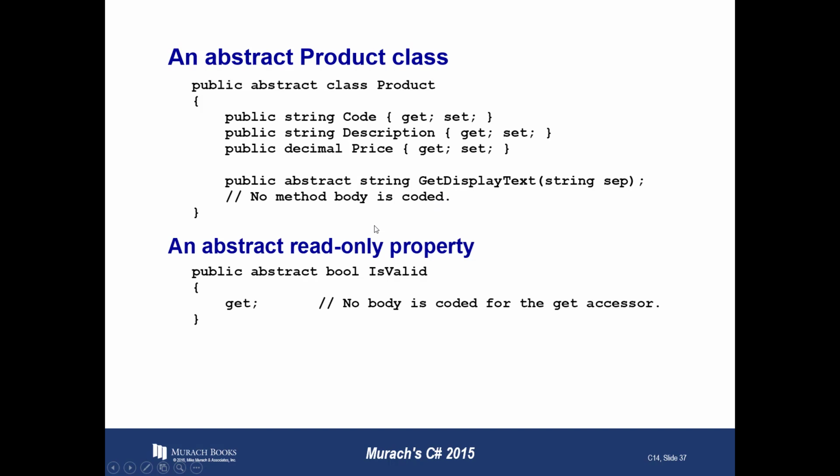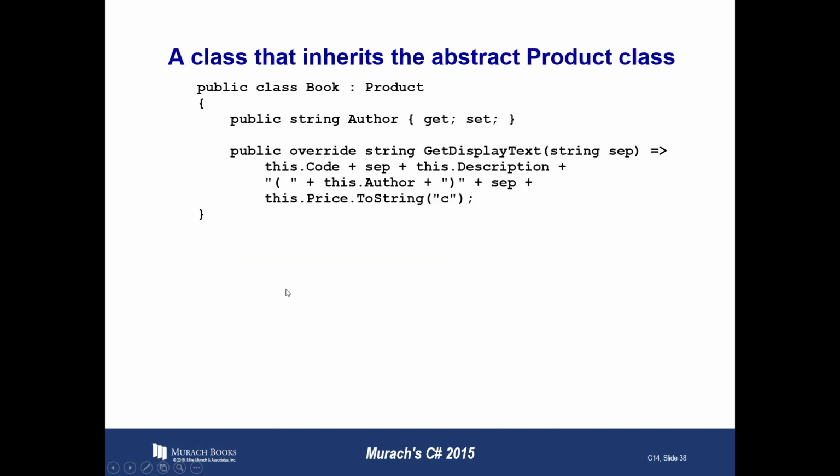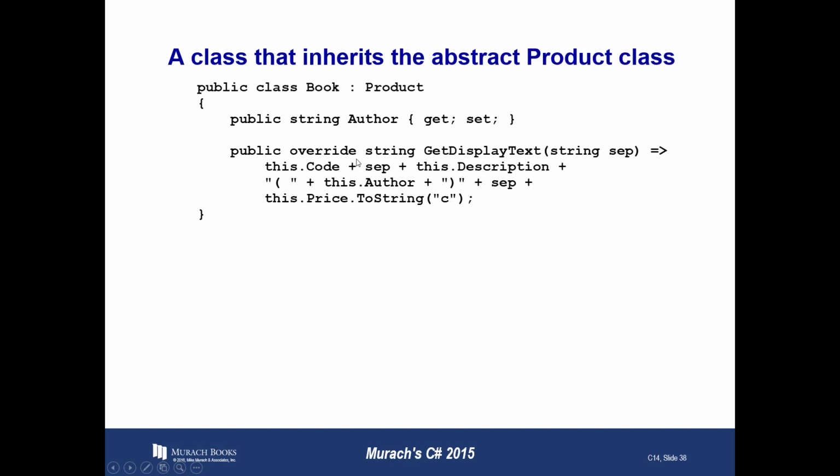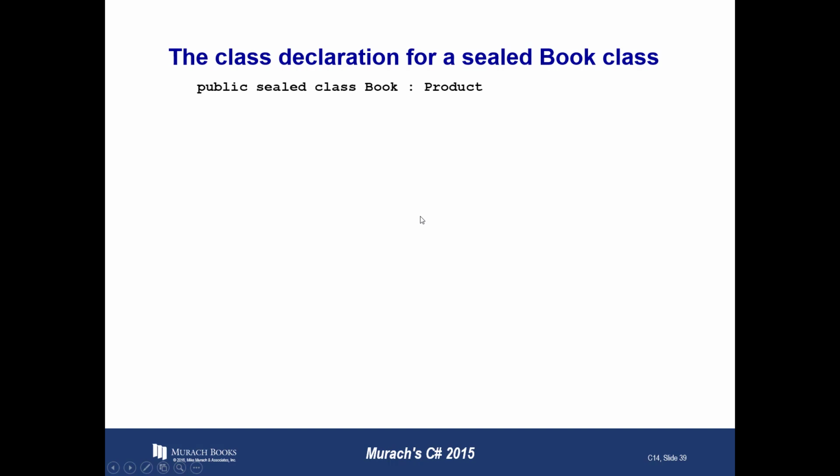What this means, though, is that any class that is going to inherit from product must have a GetDisplayText method in it, and that must return a string. All right, there's an abstract read-only property. You've seen this kind of thing before, a getter but no setter. Here's a class that inherits from the product class. So again, it must have its own GetDisplayText. All right.